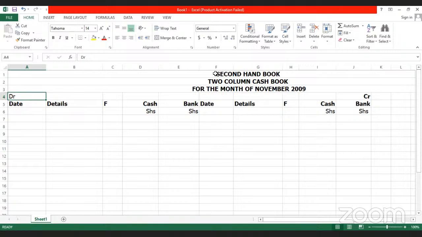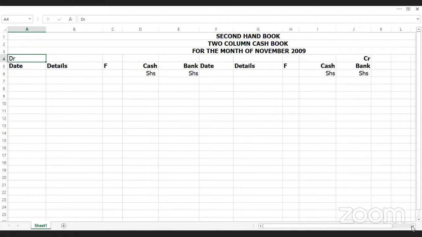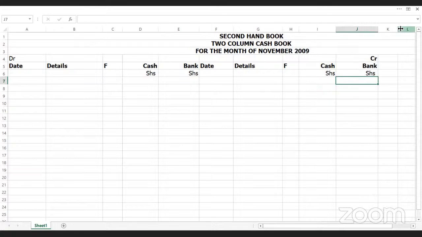Emmanuel, the coordinator, you will read for us the transactions one by one, then we see how we can make our postings in the cash book.